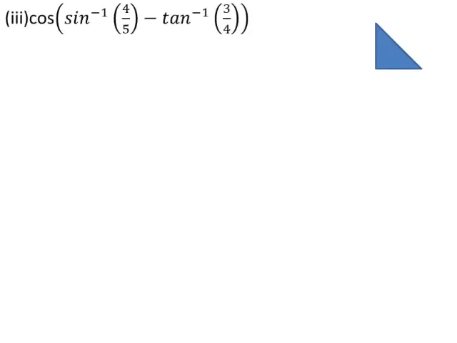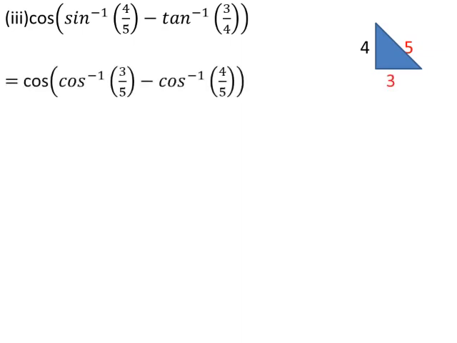Third subdivision, cos of sin inverse 4 by 5 minus tan inverse 3 by 4. It is equal to cos of cos inverse 3 by 5 minus cos inverse 4 by 5. So how we are getting this step is, here we have sin inverse. For sin, we will take opposite side by hypotenuse.